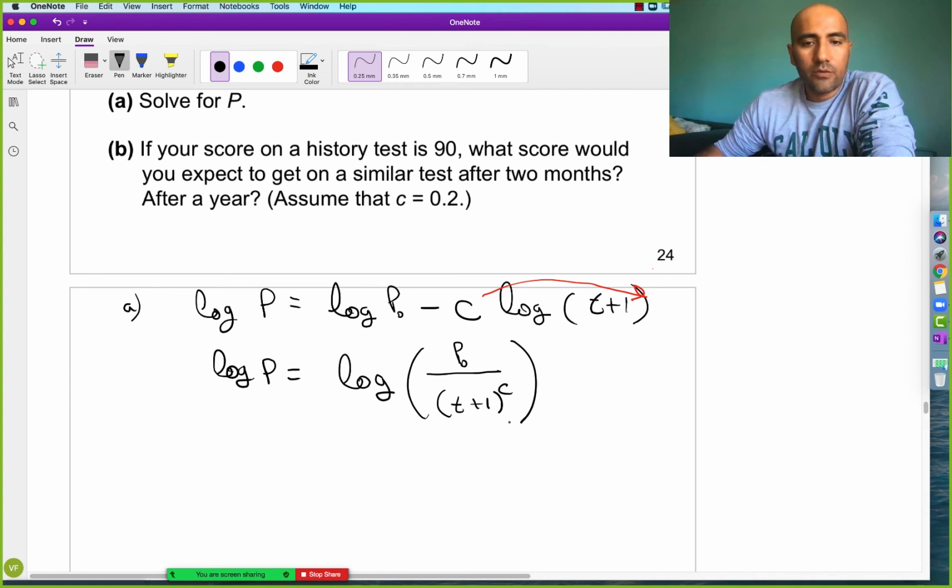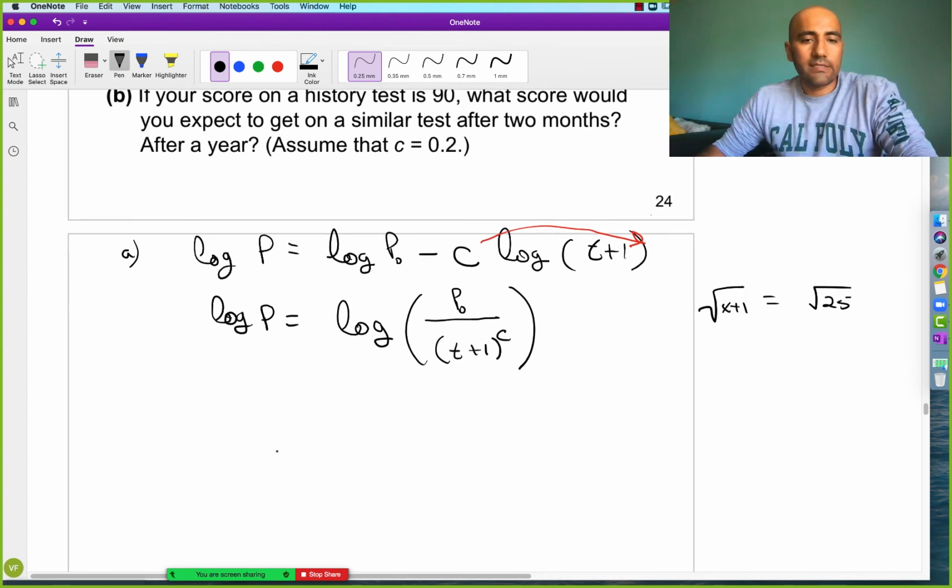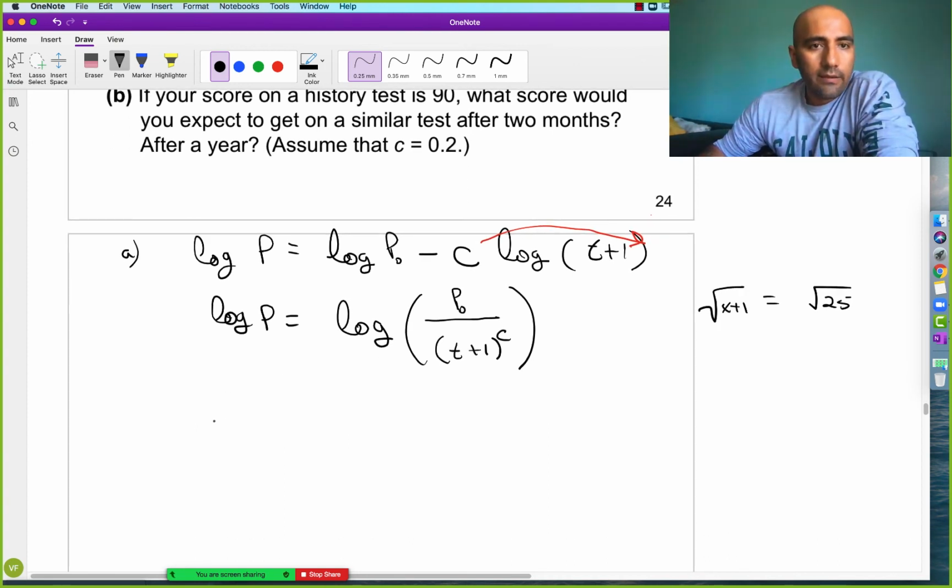Good? Questions? Like if I have the square root of x plus 5 equals the square root of 25, then I can conclude that x plus 5 must be equal to 25. Or the other way you can think of this is that we can raise both sides. We can say that this is 10 to the power of log p.